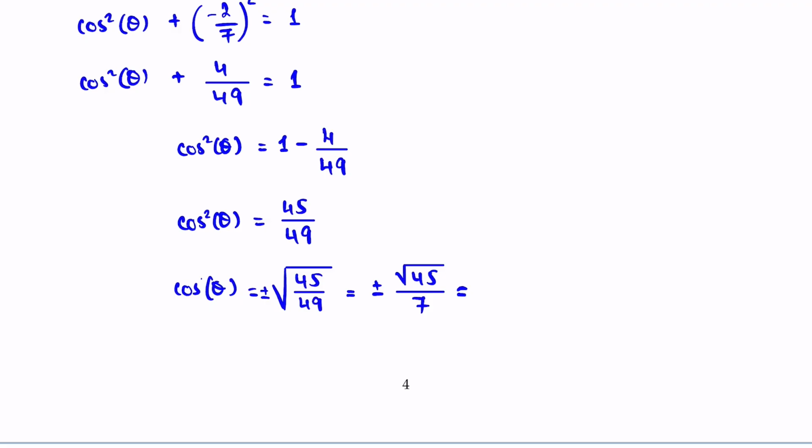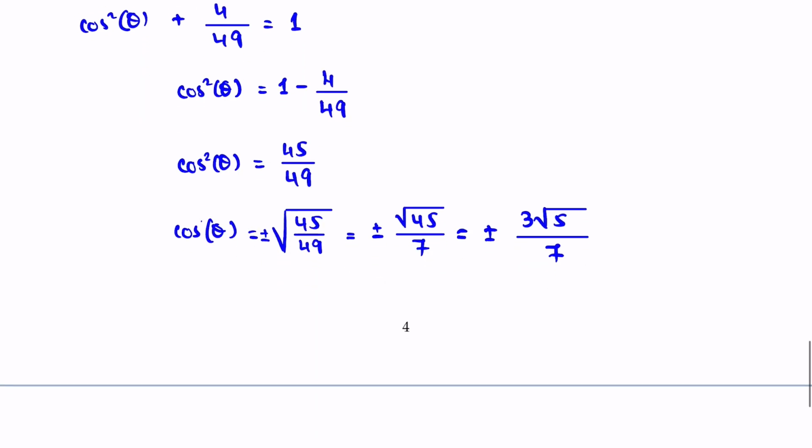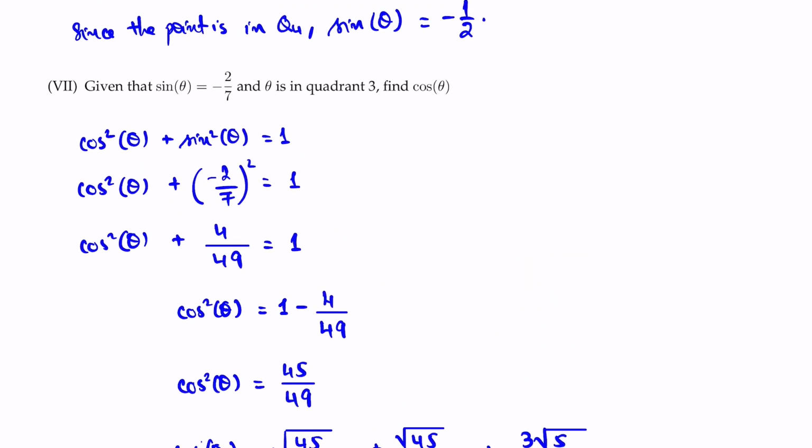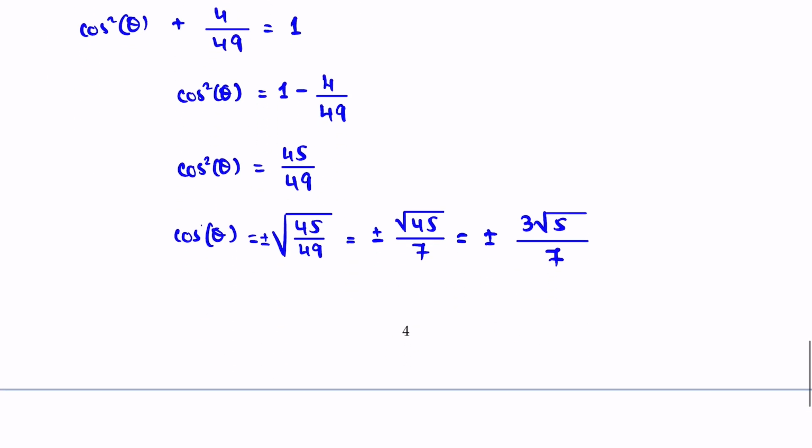So take out the 9, you have 3 times root 5 divided by 7. And since the angle is in quadrant 3, cosine should be a negative number. So cosine of theta is equal to negative 3 times square root 5 over 7. And that's it for the practice.